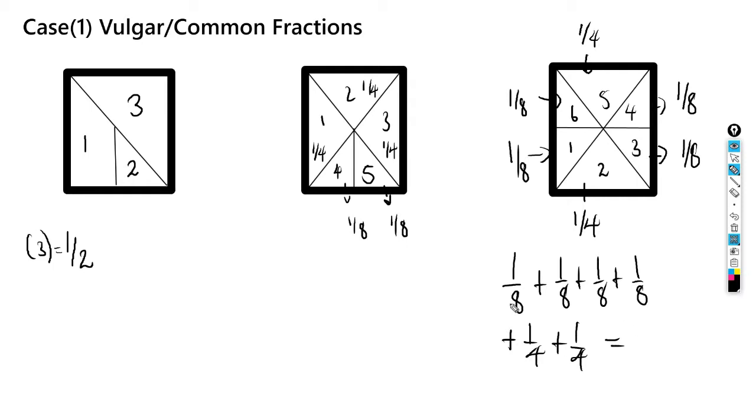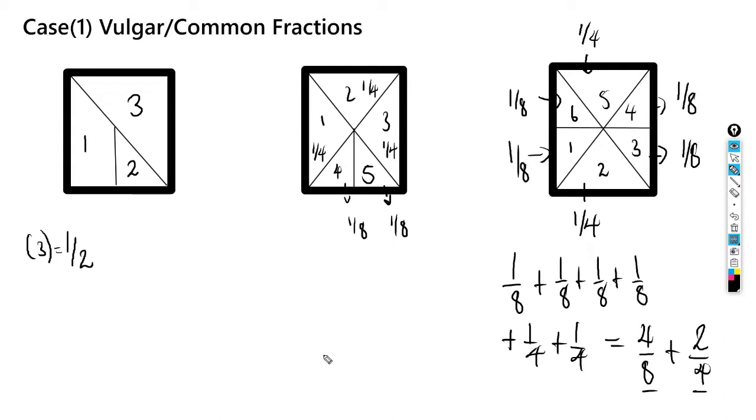And let's see what we get here. These four 1/8s would give us 4/8 plus 2/4. In order to find this, we'll have to find the lowest common multiple between 4 and 8.